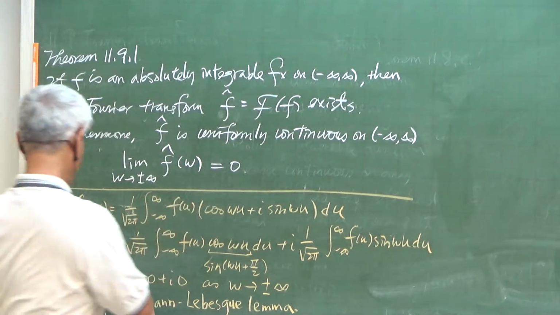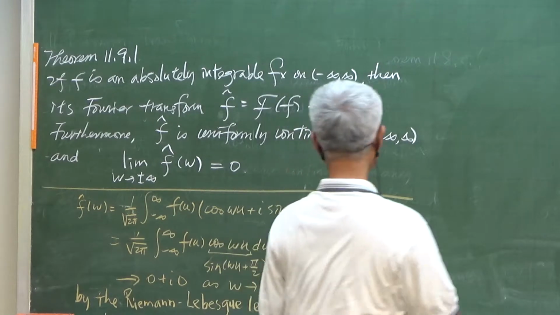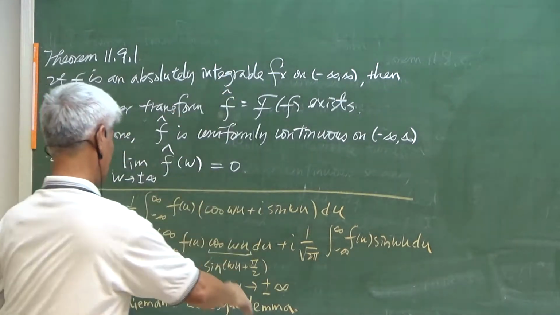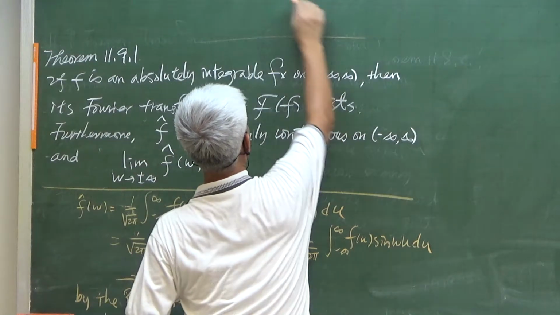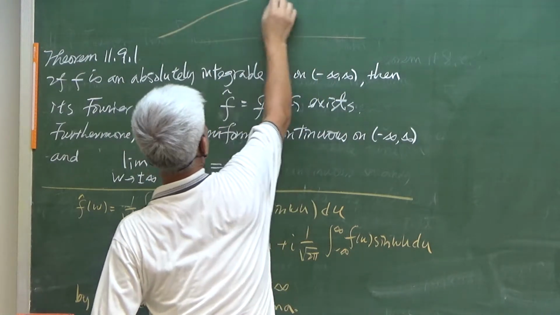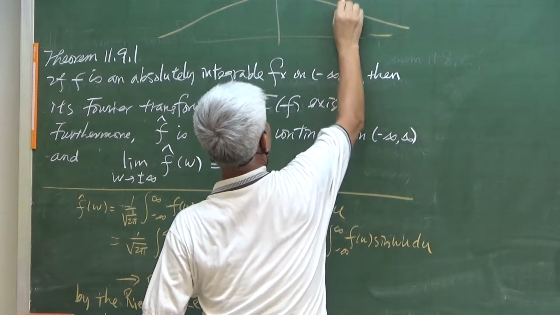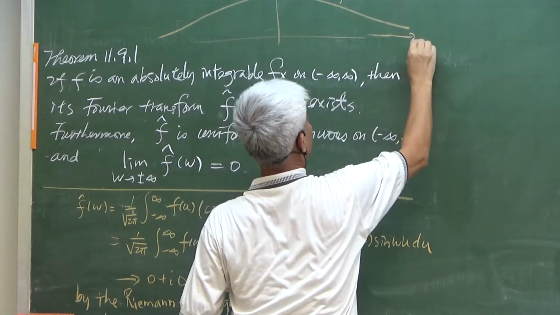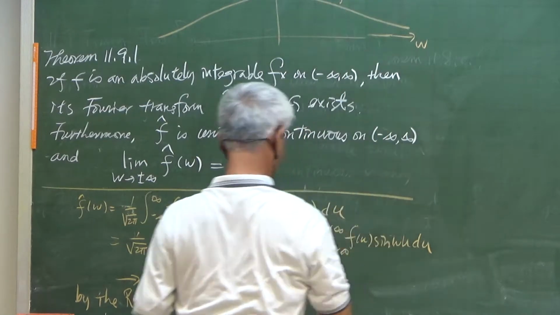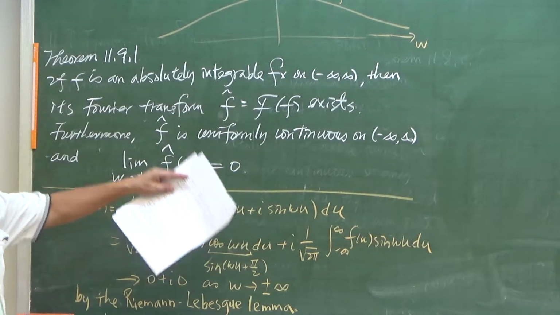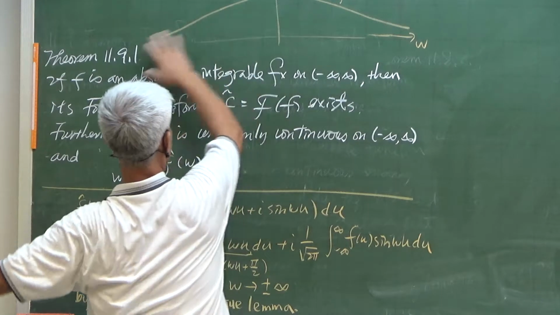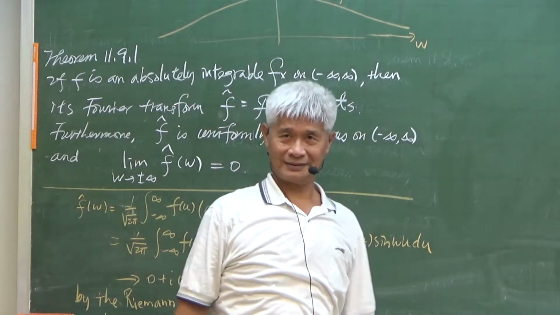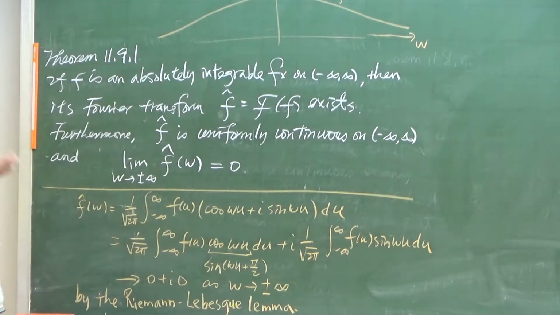So basically, if we take the absolute value, you can see that it goes to 0 and it's uniformly continuous on the whole real line.